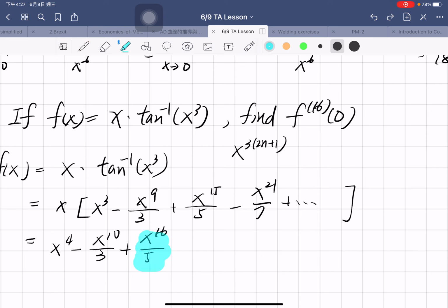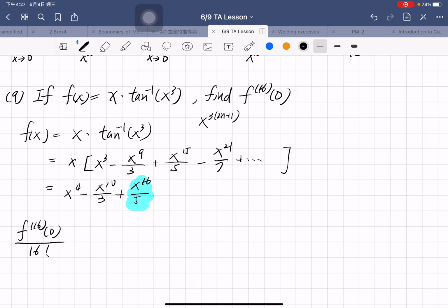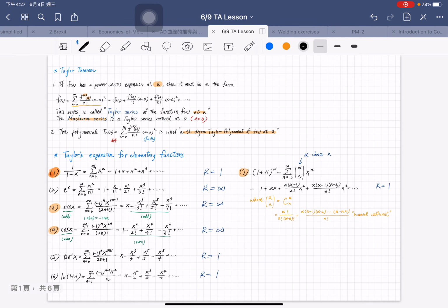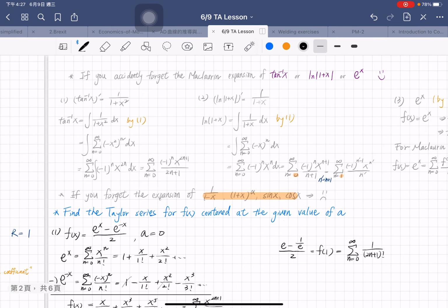This term, right? Because we know that by our definition, f with the 16th derivative, subtracted by 16 factorial, will be in the power of 16.